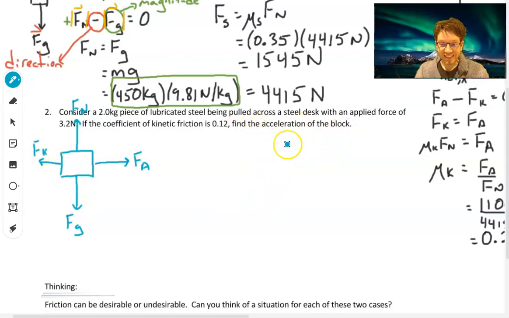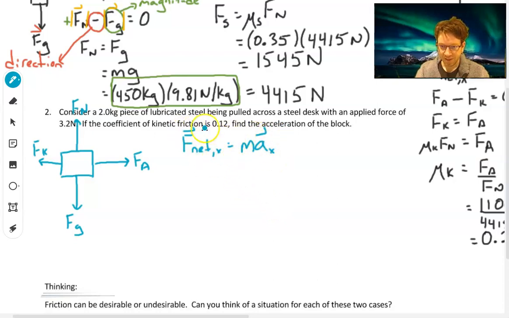Now it says find the acceleration. So in this case, you have to decide: should I analyze our horizontal component or our vertical component? I'm assuming it's going to accelerate horizontally. It's not being taken off from the desk. So let's look at net force in our x direction, which will equal mass times our acceleration in x, which is the acceleration we're looking for.